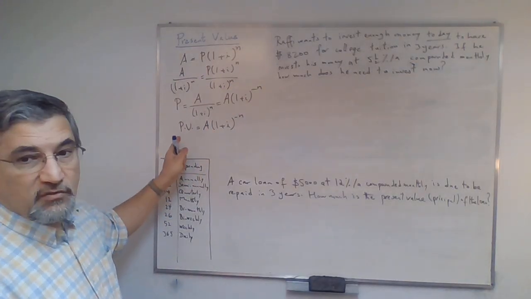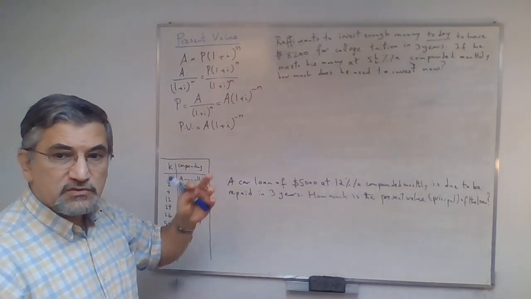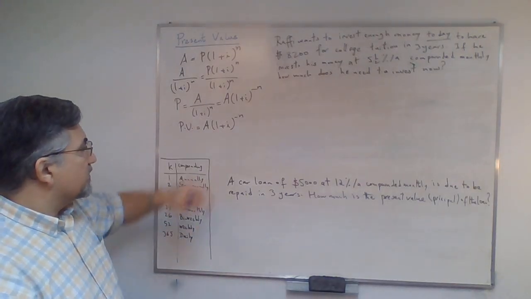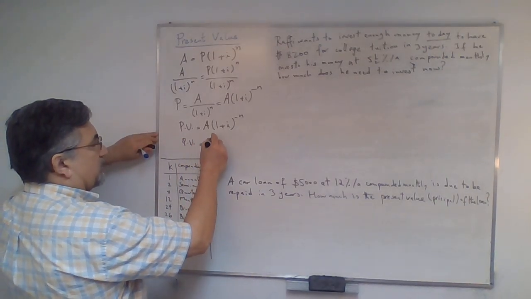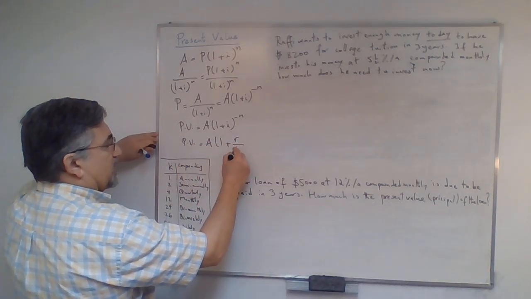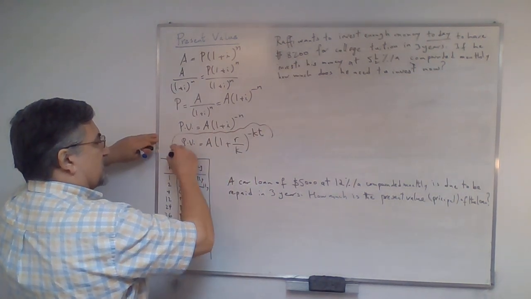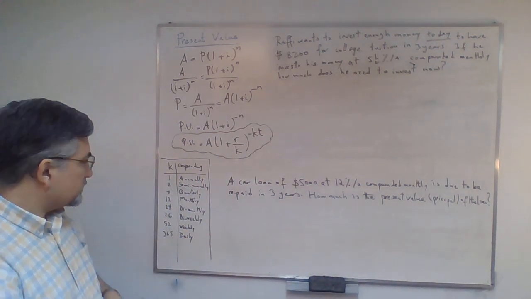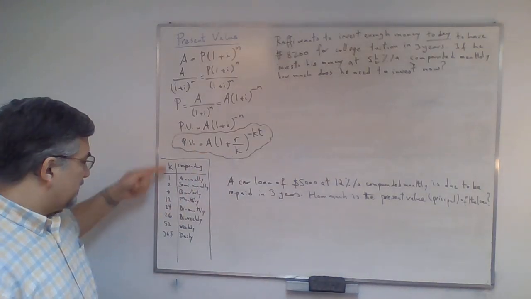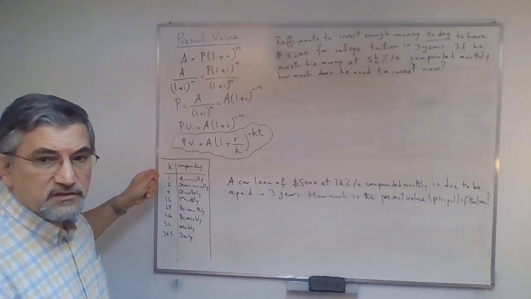Now we have P equals A times the bracket. So principal or present value can be used interchangeably. And we can write the formula using r and k, and the exponent is negative kt in this case, and this becomes the official formula for the present value. The value of k, as you know, is different, and it depends on the type of compounding involved in the problem.